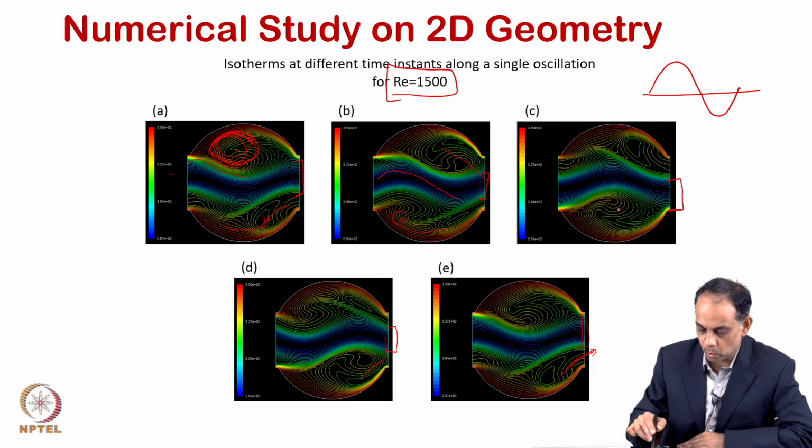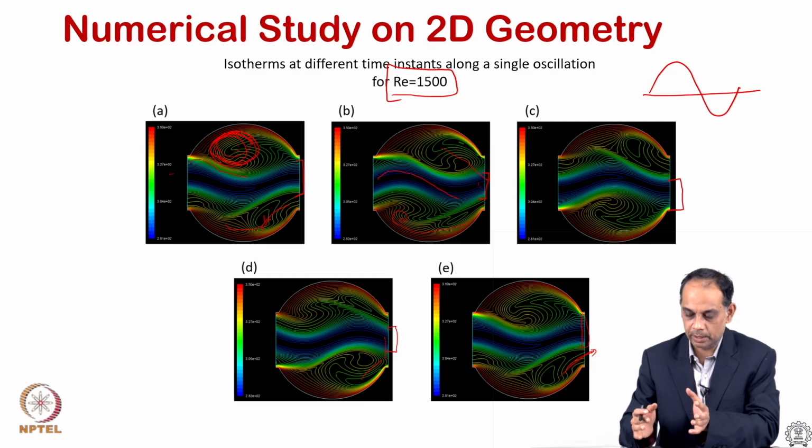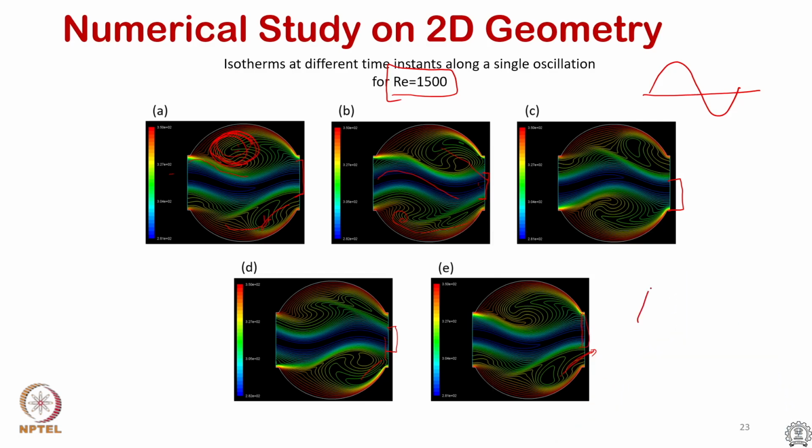So this completes one full cycle, and as you can see, if this is a single period and it continues, you start to get a steady periodic unsteady effect. And this is what is capitalized on in these geometries where shear layer instabilities are used to improve heat transfer.